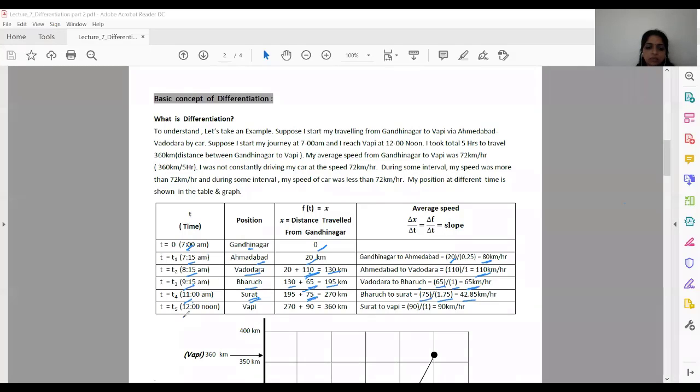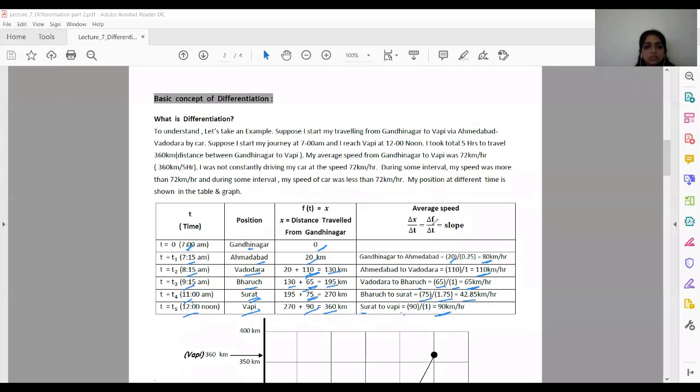And at last at 12 noon at Vapi. So the distance between Surat and Vapi is 90 km. Total distance is 360 km, that is from Gandhinagar to Vapi. So the average speed between Surat and Vapi is 90 upon total time covered, which is 1 hour. So 90 by 1, that is 90 kilometers per hour.